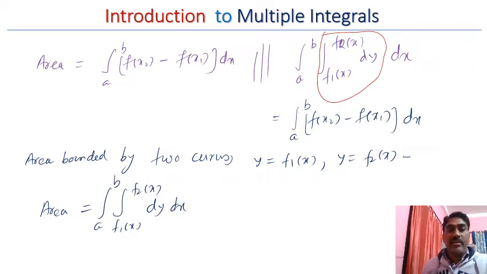This is the area, and we take the absolute value because we do not know here whether f1 is higher or f2 is higher. So this is the area.